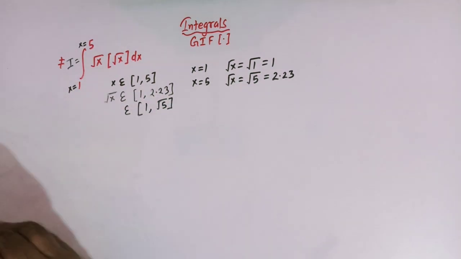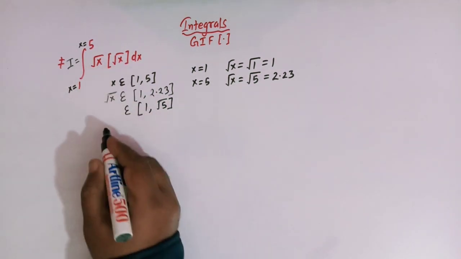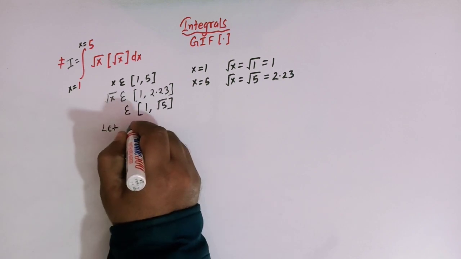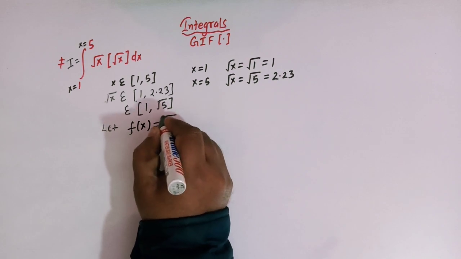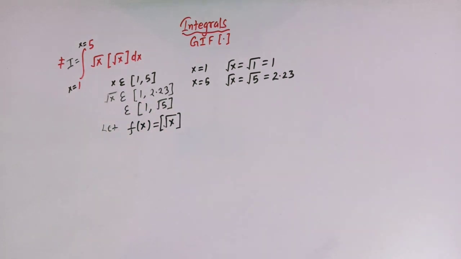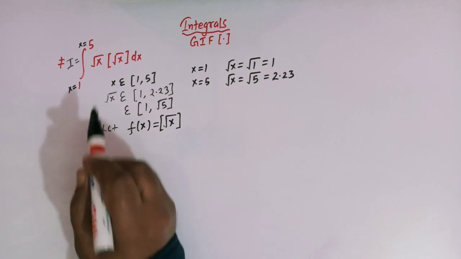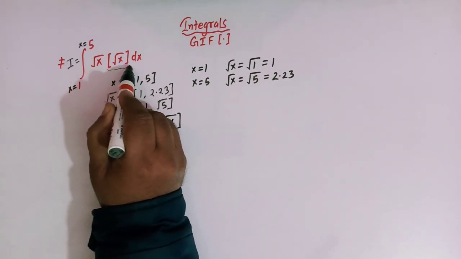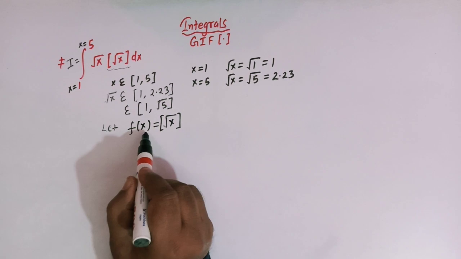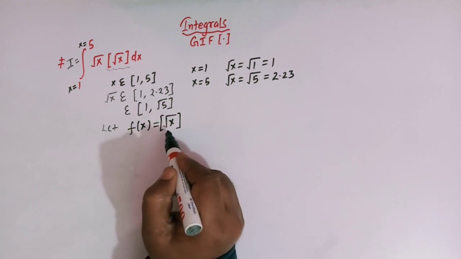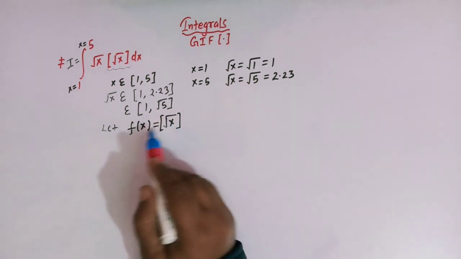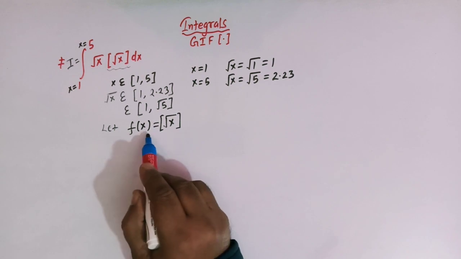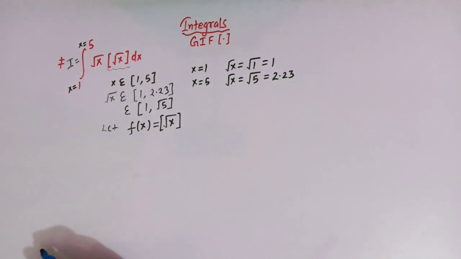Now let us write f of x equal to the greatest integer of square root of x. We are taking only this part as the function f of x. We'll try to express this function f of x as a piecewise function.